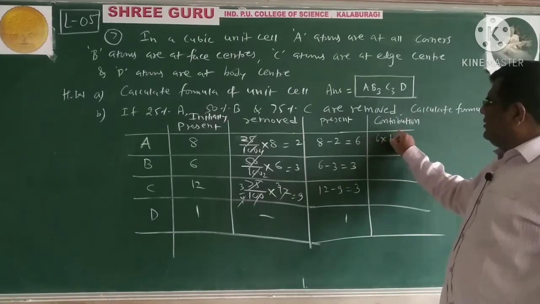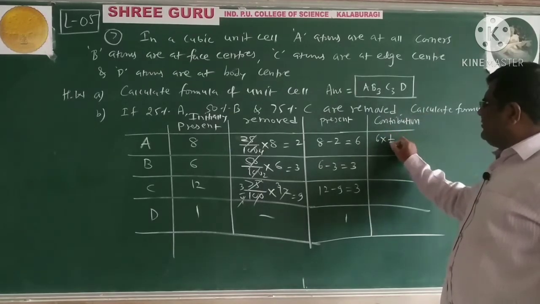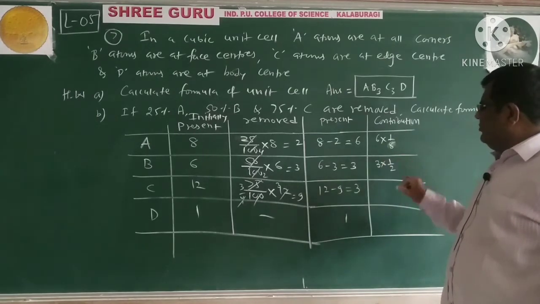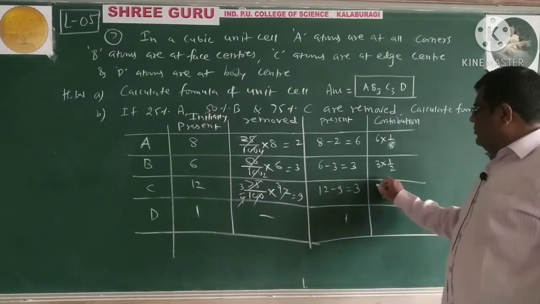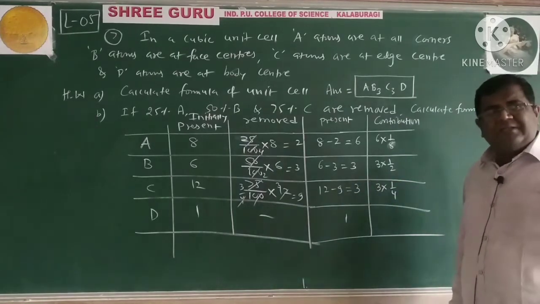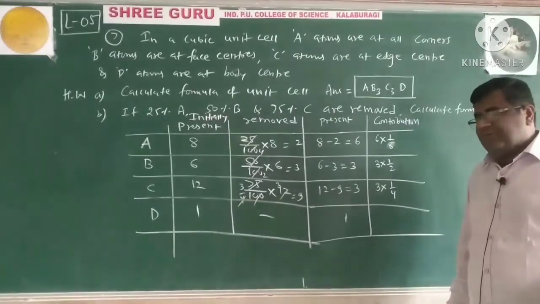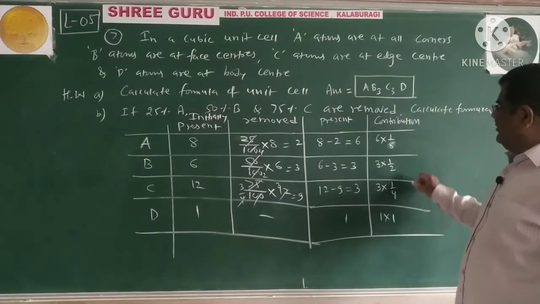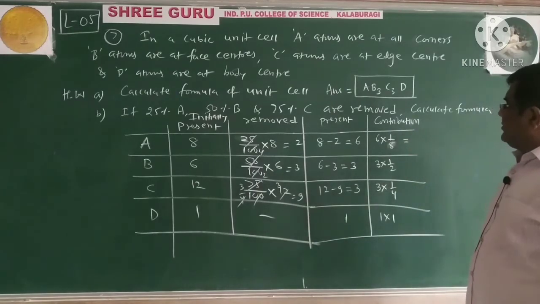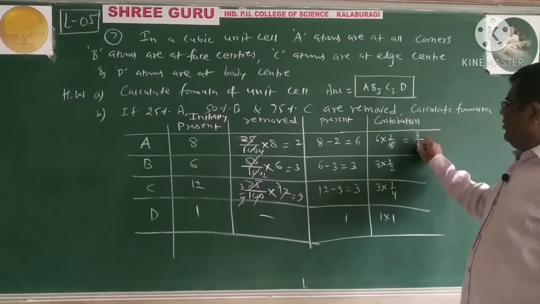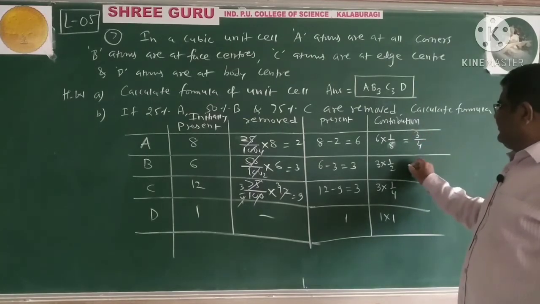Contribution: 6 into 1 by 8, 3 into 1 by 2, 3 into 1 by 4, because particles present at the center have been shared in 4 units, and this 1 into 1. So we can write 2 3s are 4 and 2 4s are 8.